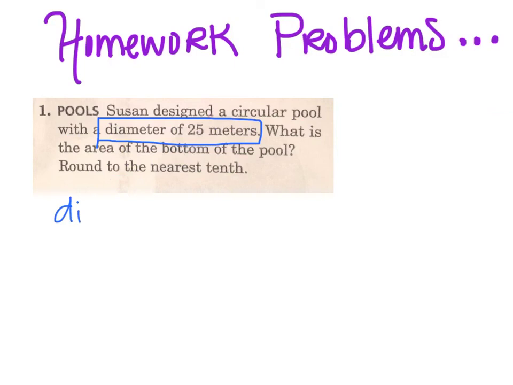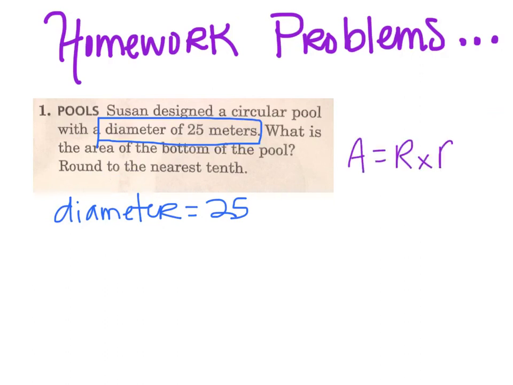Okay, I have identified this as the diameter is 25. Do we want to use the diameter when finding the area? If you remember the area formula, it should say R times R times pi. This question gives me the diameter. I don't want that.